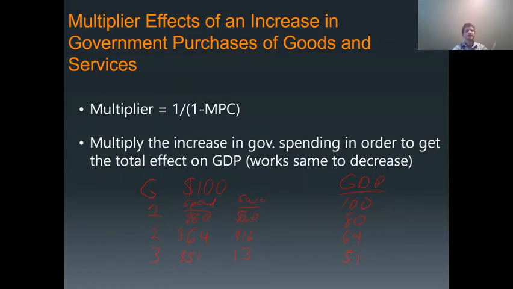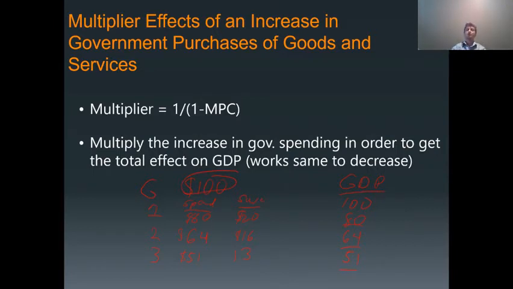And you see how this keeps going, because then that $51 is going to be spent on something that goes to somebody else, and they're going to spend or save, and it just keeps adding to GDP. So that original $100 spending keeps getting added at each round.